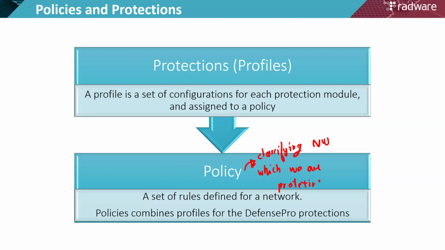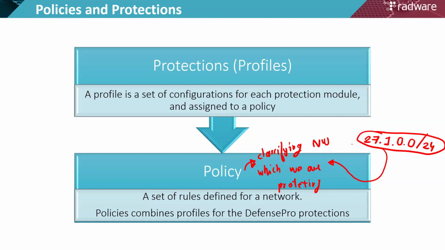That is your policy. Within the policy, you will be defining which network we are protecting. Let's suppose in the labs, we are protecting this particular network, 27.1.0.0/24. This is the network that we will be protecting against attacks. This particular network needs to be defined within the policy.